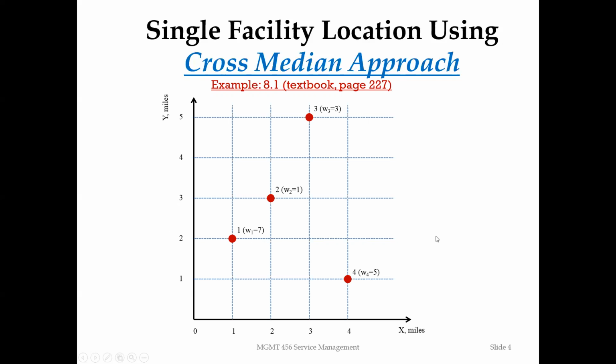If you look at these 4 different cities, what's the sequence going from west to east? It will be city 1, then city 2, then city 3, then city 4. On the other hand, going from east to west, it'll be city 4 first, then city 3, then city 2, and then city 1.